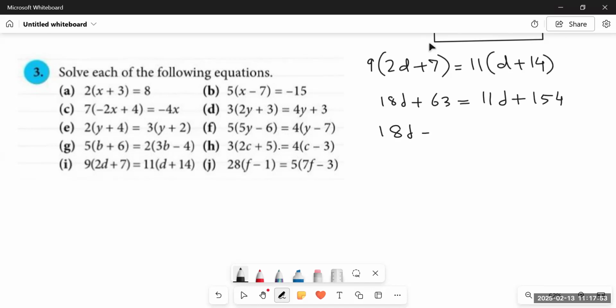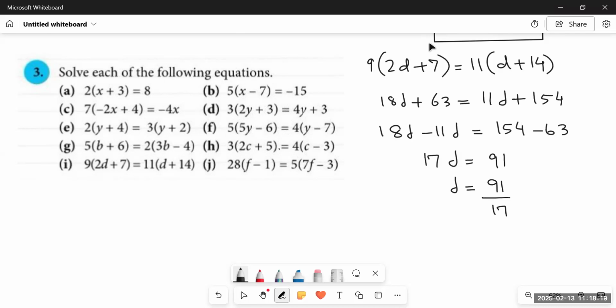18d minus 11d is equals to 154 minus 63, right? 18 minus 11 is equals to 7d. d is equals to 154 minus 63 is equals to 91. d is equals to 91 upon 7.